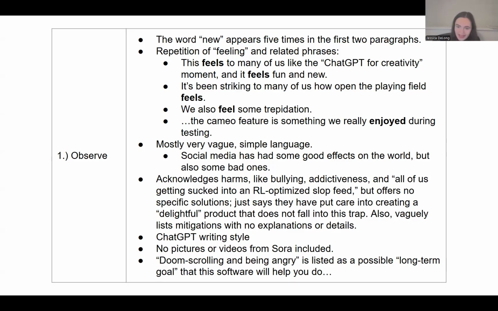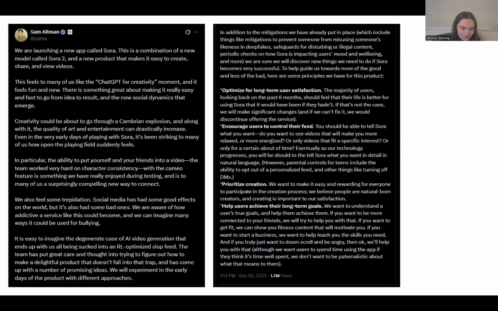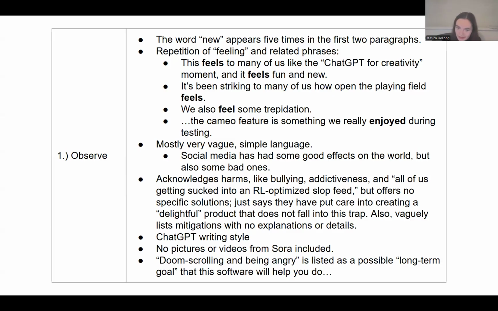The one line in particular that really stood out to me was when he said, towards the bottom left column there, social media has had some good effects on the world, but also some bad ones. A lot of times when you're doing analysis of any kind, you're coming at it from your very specific place in the world and your set of prior experiences and your background knowledge.